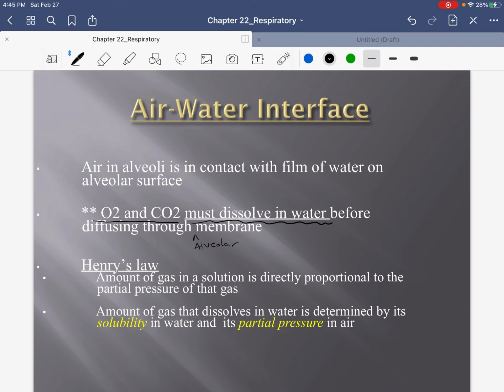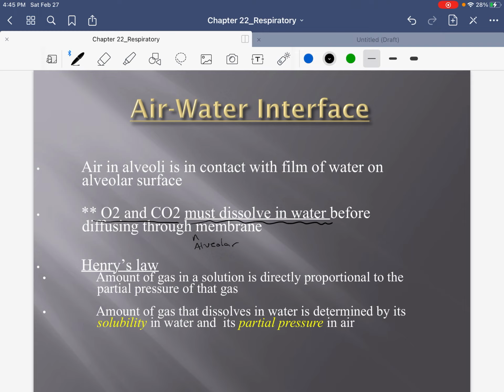When I introduced the type 2 cells, I said that they secrete surfactant. One of the jobs of the surfactant is to keep the lung inflated. Another is to provide some surface tension, but not too much. And the other job of the surfactant is to provide fluid, because we need fluid here.